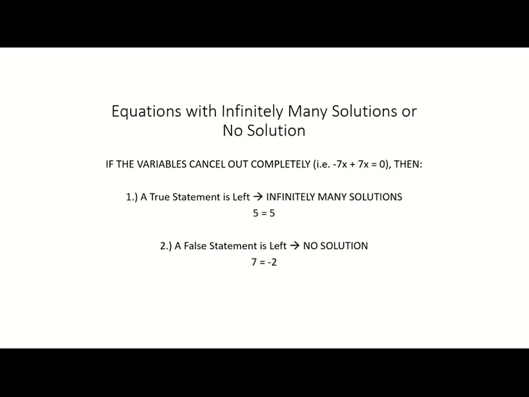So basically, any number works. However, if we result in a false statement after our variables have canceled out, such as 7 equals -2, well, since 7 is not the same thing as -2, that would be no solution, which means there is no number that would work for this problem. So we're going to take a look at a couple examples now so you can see exactly how this works.